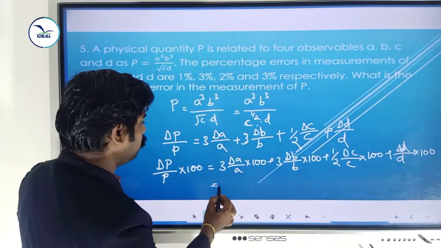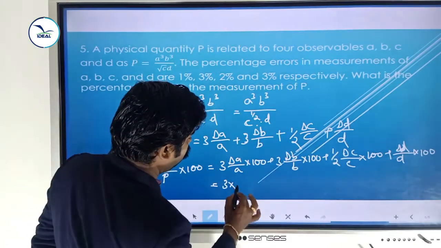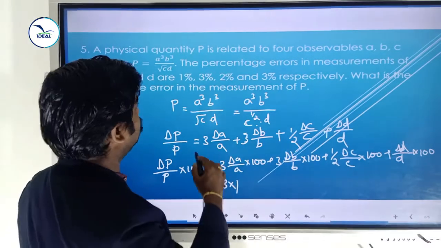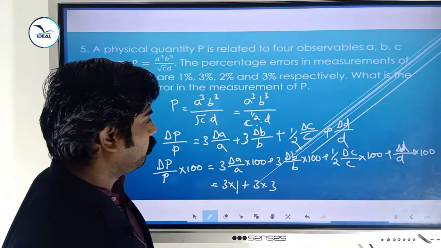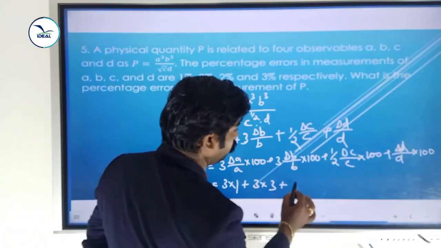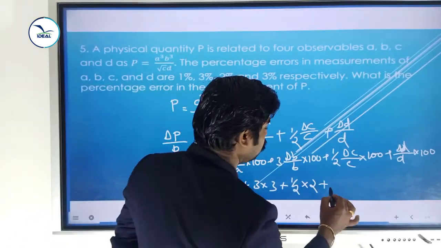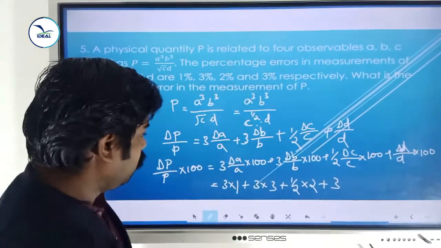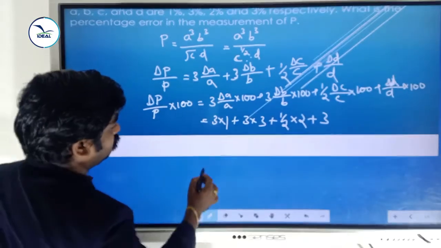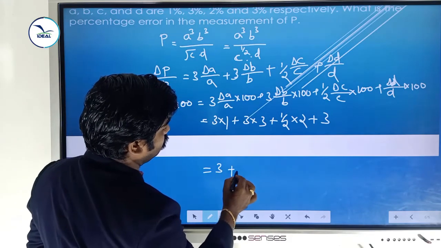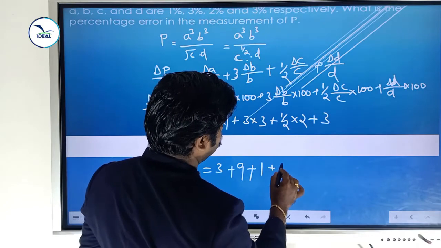Okay, so we have the percentage error in A is 1, so 3 into 1, and the percentage error in B is 3, so 3 into 3, and the percentage error in C is 2, so 1 by 2 into 2, and the percentage error in D is 3, so what we will get, that's equal to 3 plus 9 plus 1 plus 3.